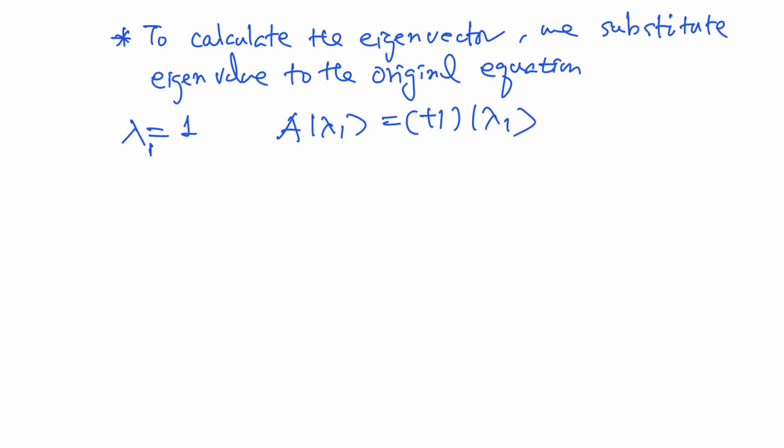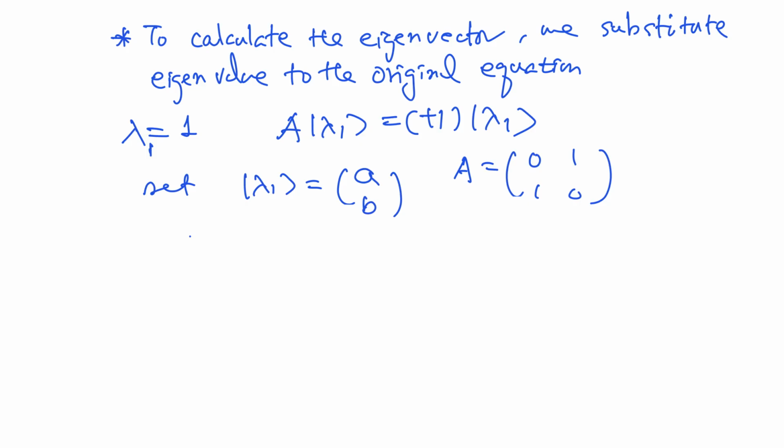We don't know |λ1⟩, so we can set |λ1⟩ as (a, b). Then A is [[0,1],[1,0]], so [[0,1],[1,0]](a, b) is the same as (a, b), right?